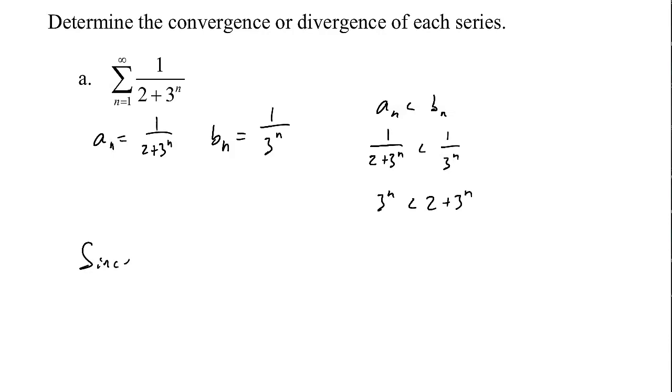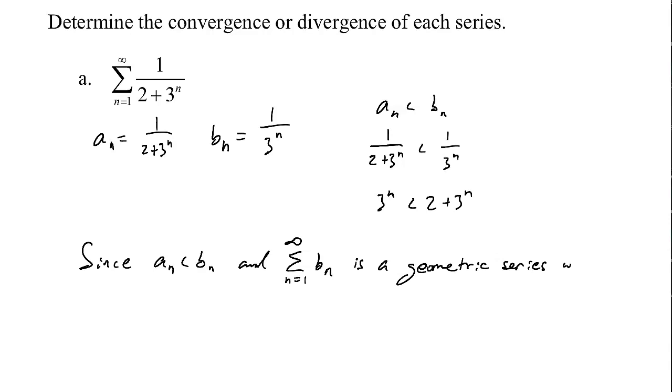So since a sub n is less than b sub n, and the series of b sub n from 1 to infinity is a geometric series with r equals 1/3, which is less than 1, that means it converges.